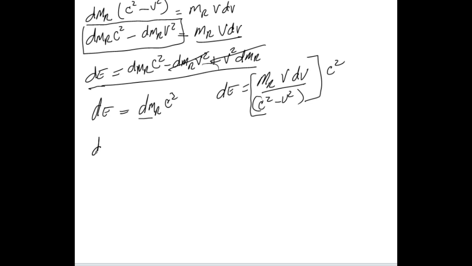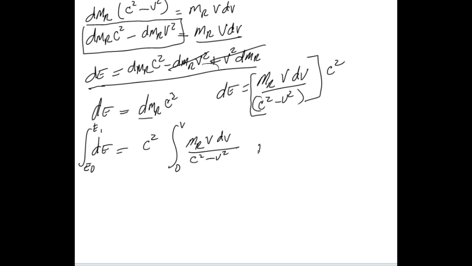So I'll rewrite this as change in energy is equal to c squared times the integral, and I'm going to integrate this from E equals 0 to E equals 1, and I'm going to integrate that from 0 to v of the change of the relative mass times v dv over c squared minus v squared. Okay, and I just rewrote this equation here so I can deal with it.